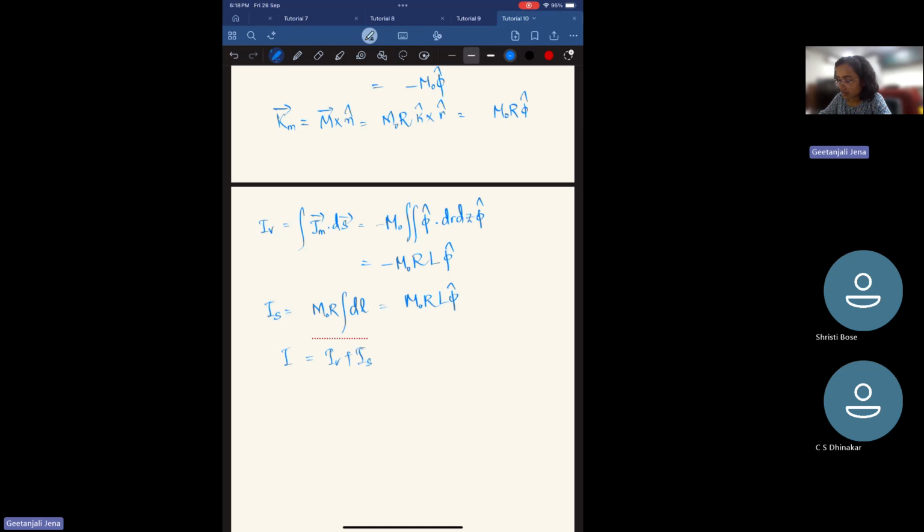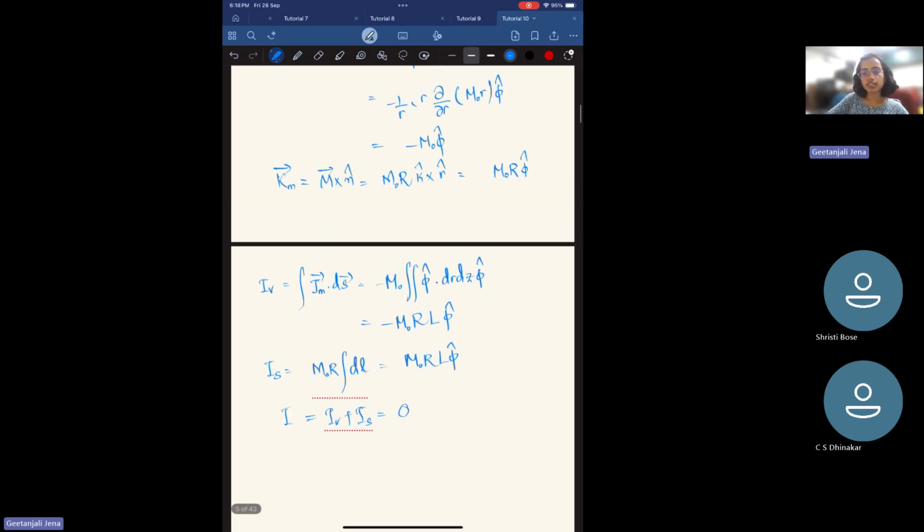You can easily guess this if you go through the question. For all types of magnetic material, whenever the bound current density, volume and surface, they add up to 0. So that means this will be 0. Okay. So the answer for this is, I think, option A.